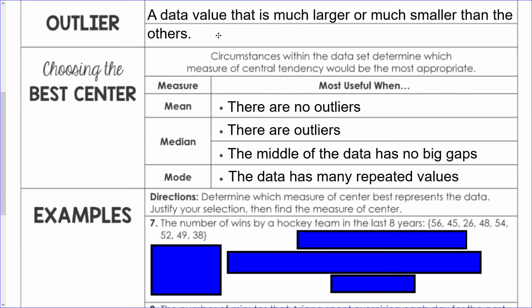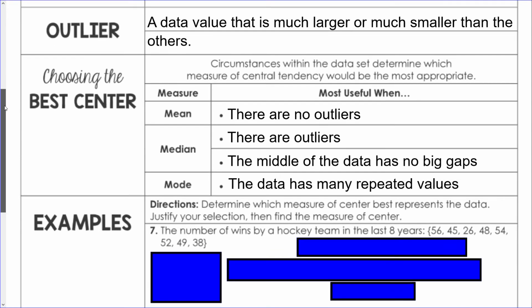One frequent example I give to students is if we were taking the ages of people in the class, and then I included myself, my own age would be an outlier compared to everybody else. So it's just a single piece of data, or sometimes more than one, that's apart from the others.